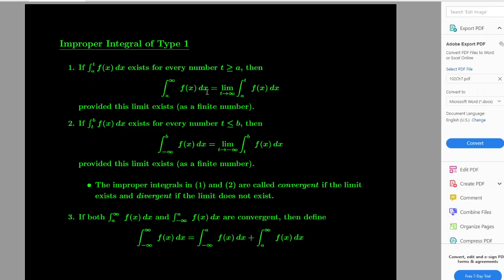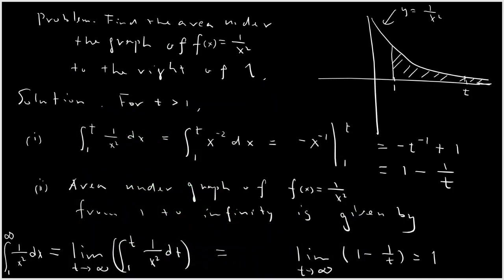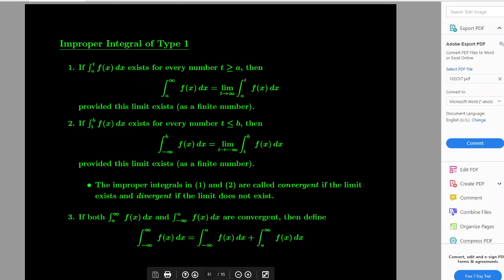The meaning of the integral, it's actually a definition, is that you compute the integral from a to t and then you take the limit as t approaches infinity. Probably anything using f of x is a little abstract. We're going to talk about another example in some more detail, so that you know what's going on.